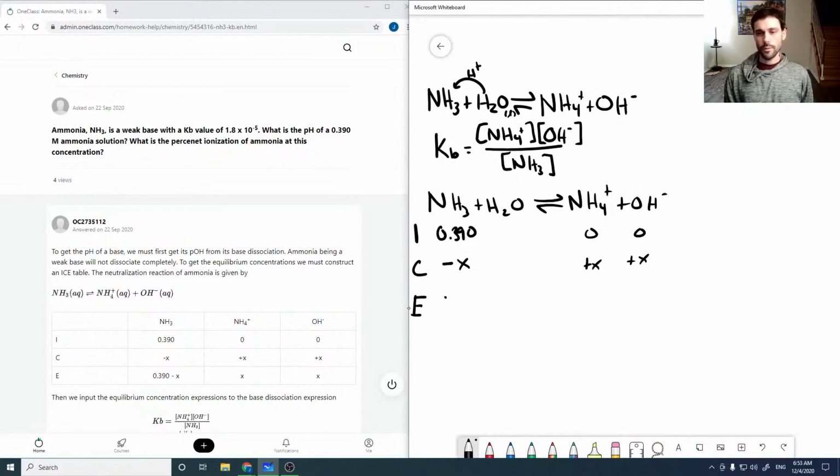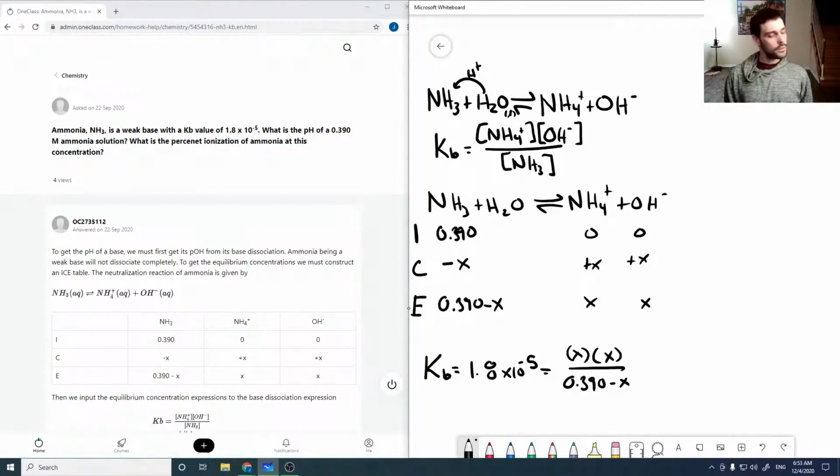And so then at equilibrium, we're going to have 0.390 minus X, X, and X. And so then we can sub these into our equilibrium expression, which we've written up above, and also with the value. So in the question, we're given 1.8 times 10 to the minus 5, and so that equals X over 0.390 minus X.